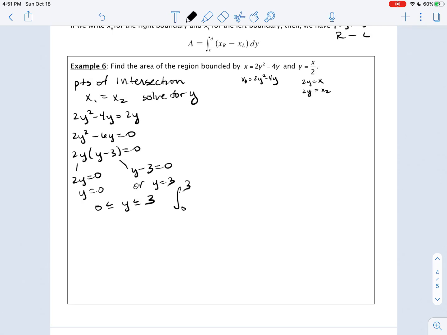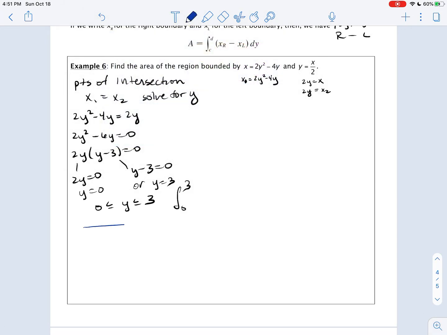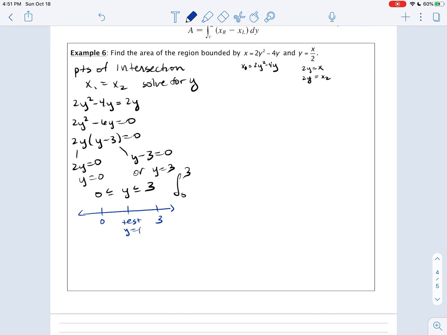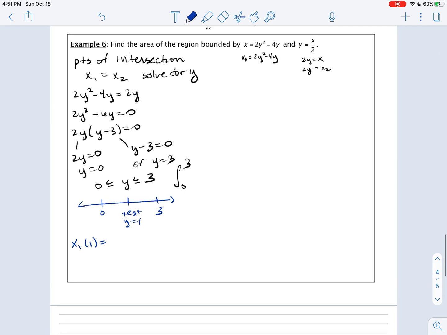But now, which one is going to be on the right and which one is going to be on the left? I'm going to pick a test point of y equal to 1, and the bigger output is the one that's going to be on the right. So if I evaluate x1 at my test point 1, I get 2 times 1 squared minus 4 times 1.